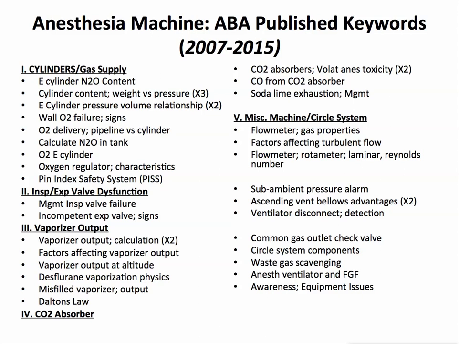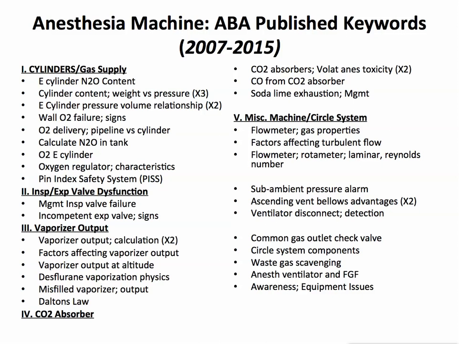Wall oxygen failures and what's the sign of it, what do you do about it. Pin index and the diameter index systems, inspiratory and expiratory valve dysfunctions. Related to vaporizers, there are questions about vaporizer output and factors affecting it, what happens at altitude, des-flaring vaporizers versus flow-over variable bypass vaporizers.